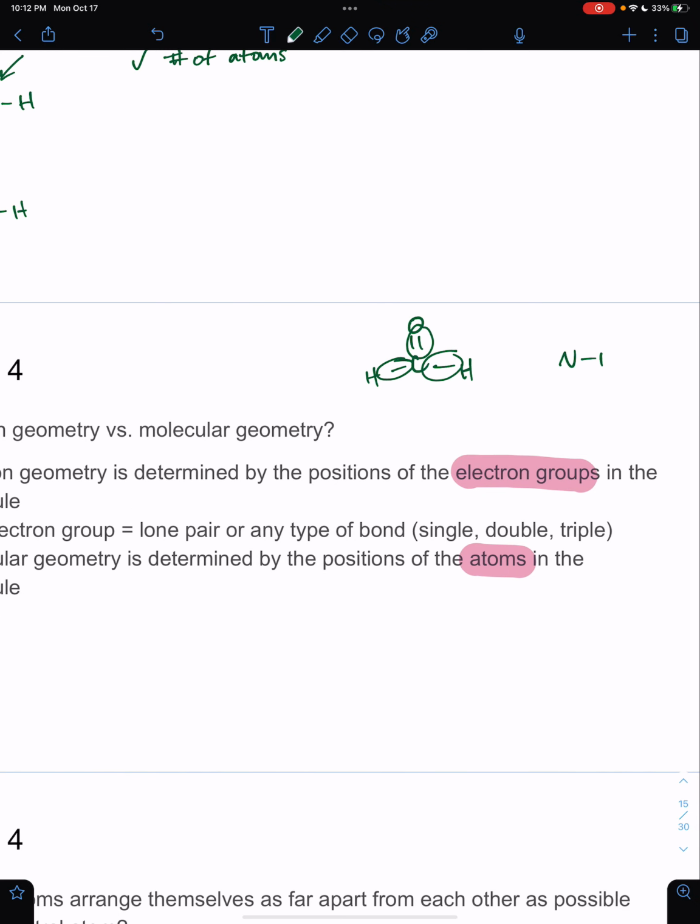Or if we had, just go back to our ammonia example. This one has 1, 2, 3, 4 electron groups. So even though this lone pair is not a bond, it's still an electron group. And even though it has 2 electrons, it still only counts as 1 electron group. So we need a lone pair, which refers to 2 electrons, or any type of bond, single, double, or triple, right?